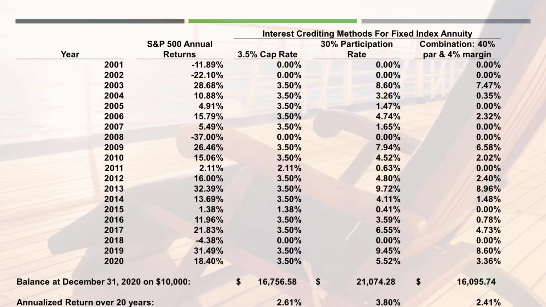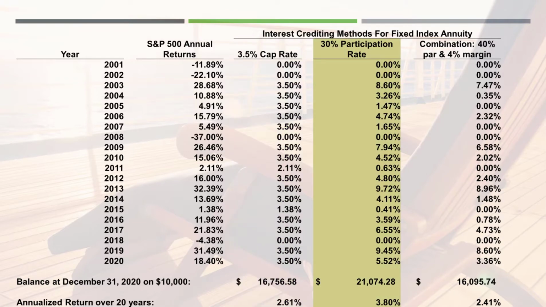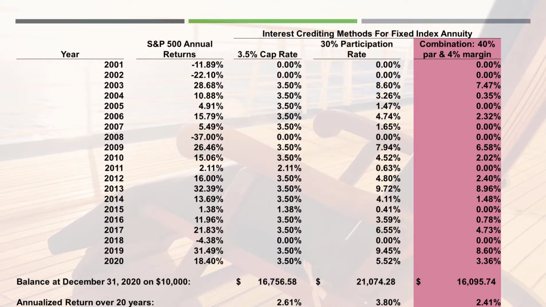As shown in this slide, I used the past 20 years annual returns for the S&P 500 and calculated the percentage gain allocated to a fixed indexed annuity based on a 3.5% cap rate, 30% participation rate, and a combination of 40% participation rate with a 4% margin.